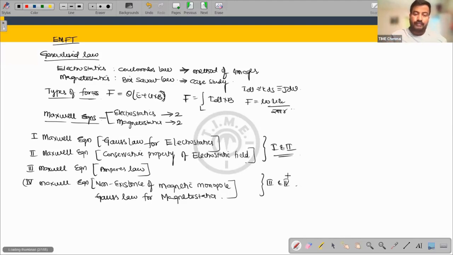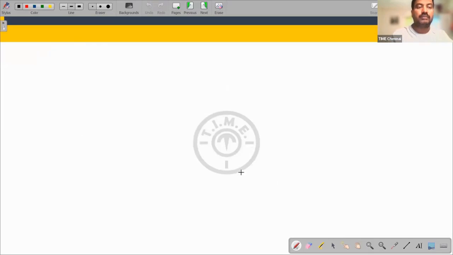As you know, the first Maxwell equation is derived from Gauss law, also called the Gauss law for electrostatics. In simple, the Gauss divergence theorem.